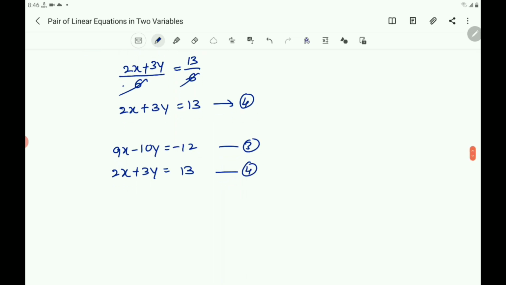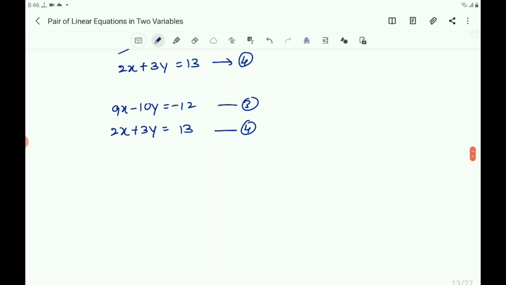Now you write any one of the equation. You take any one of the equation which is convenient for you, and here you take 2x plus 3y equals 13. That becomes 2x equals 13 minus 3y.